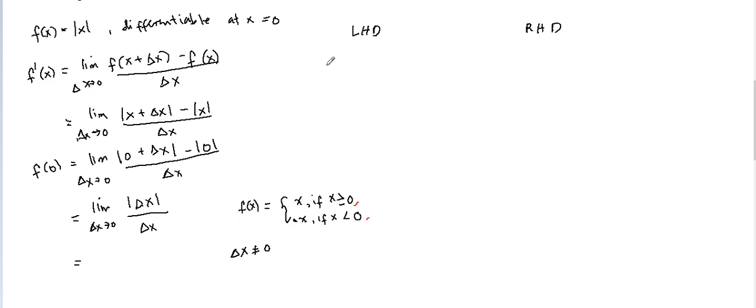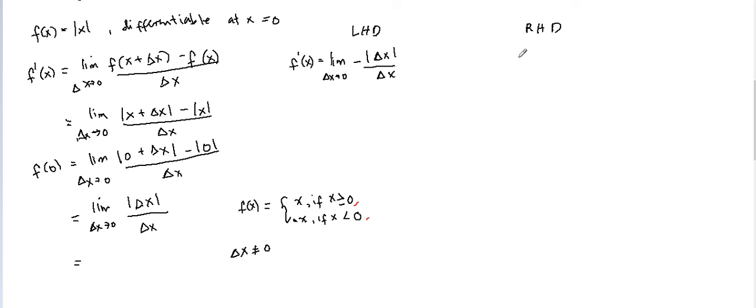So sa left hand derivative natin, we could say that our f prime of x is equal to the limit of negative absolute value of delta x over delta x as delta x approaches to 0.